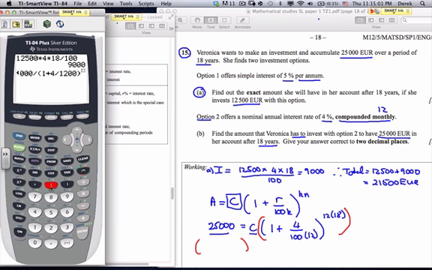Well, let me put that in brackets also, 12 times 18, because I can't work it out in my head at the moment. And we should push enter. And there we get our value of 12,183.